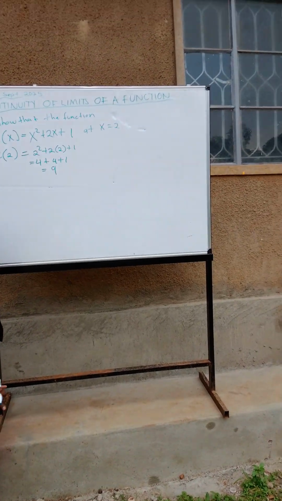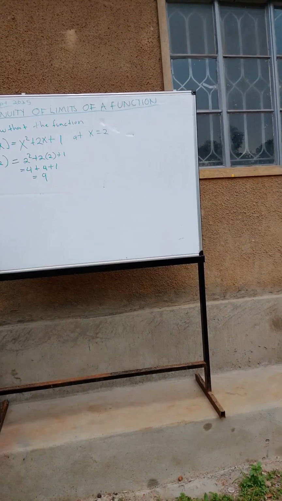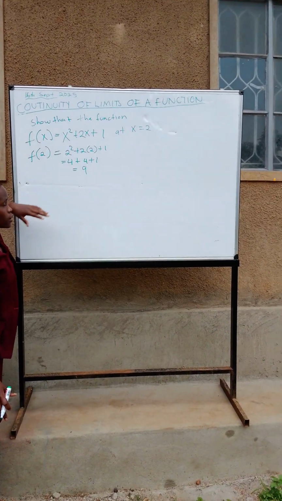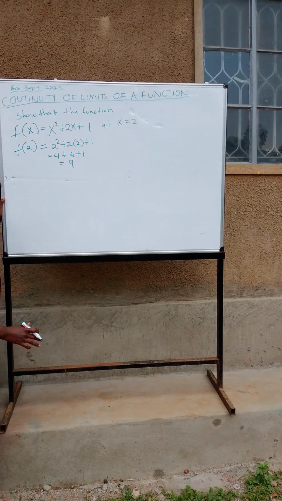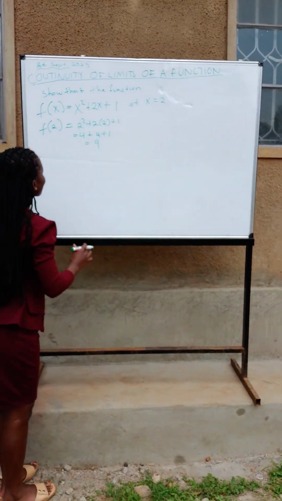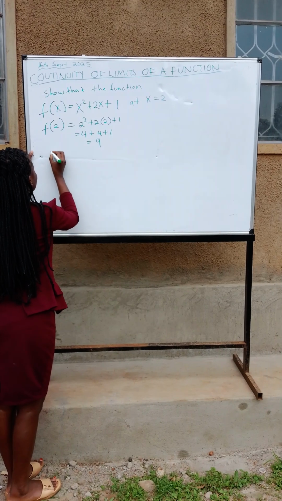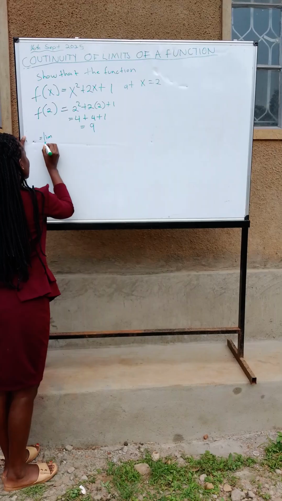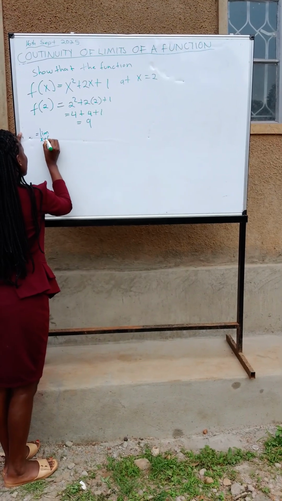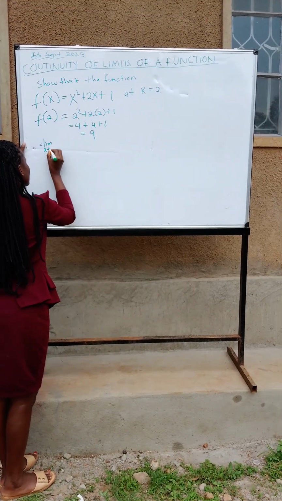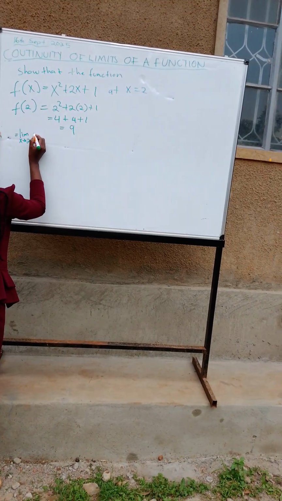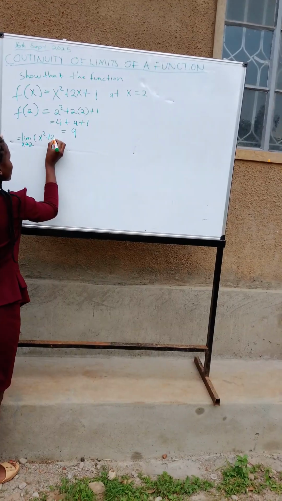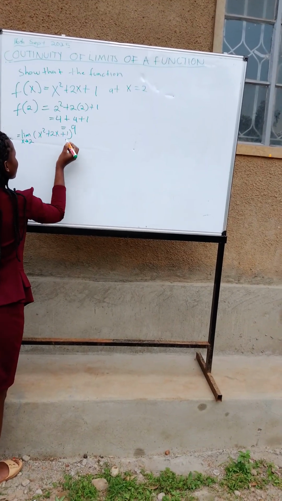So we are now going to find the limit, and we see whether the functional value is equal to the limit of this function. The limit of the function as x approaches 2 of x squared plus 2x plus 1.